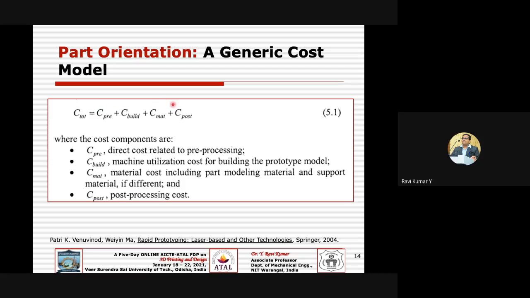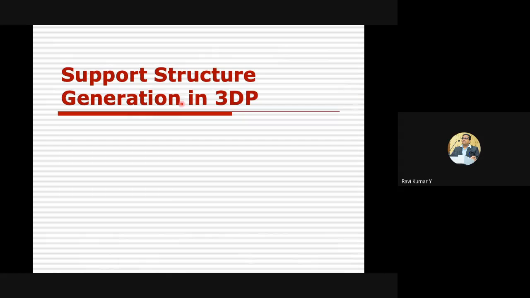So what I'm trying to say is that your pre-processing, or the design for 3D printing, plays a crucial role in justifying your production cost. So yeah, this is typically the cost model for a typical 3D printing process.